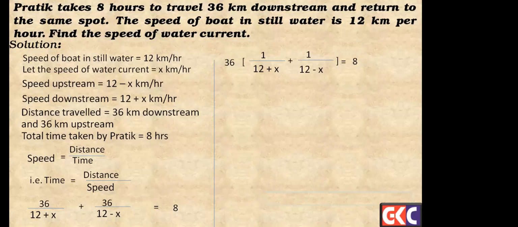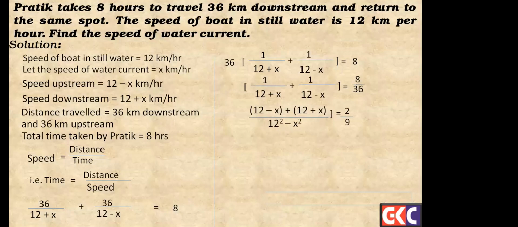36 can go on the other side and left hand side में क्या रहेगा? LCM, क्योंकि 1 upon 12 plus x plus 1 upon 12 minus x बचा, और that 36 went on the other side as 8 upon 36. I can simplify 8 and 36 as 2 upon 9. And in the meantime, the LCM part, hopefully you remember, पहले भी किया हम लोग ने. 1 into 12 minus x, that is 12 minus x, plus 1 into 12 plus x, that is 12 plus x. Denominator में वापस 12 plus x into 12 minus x.